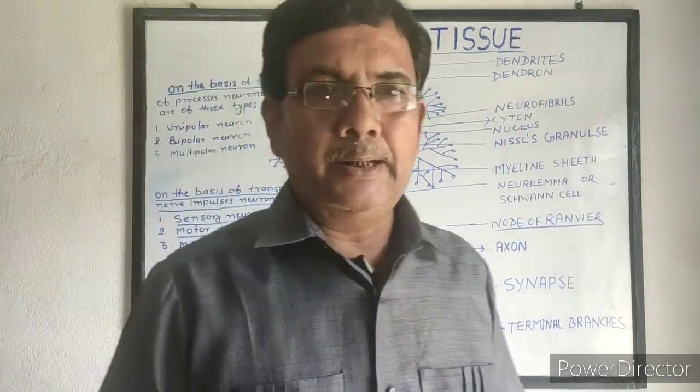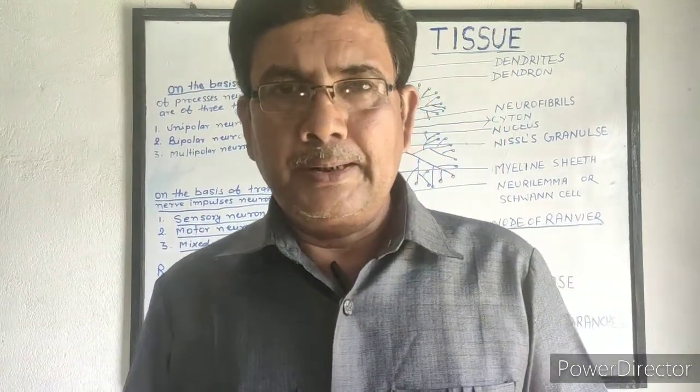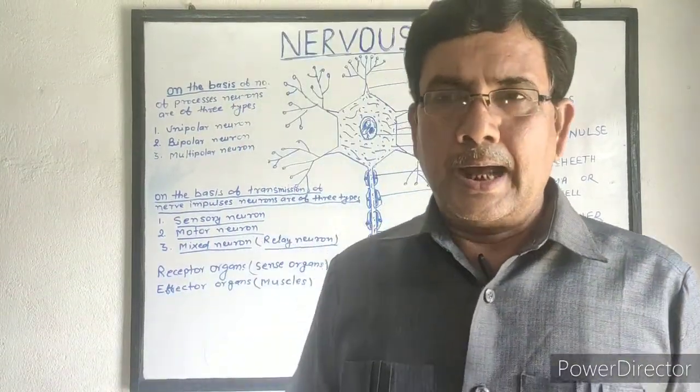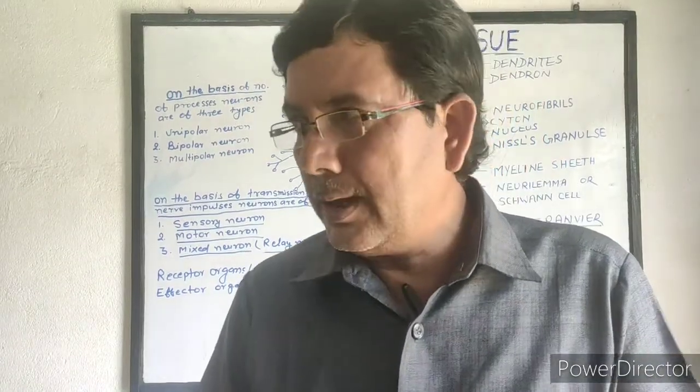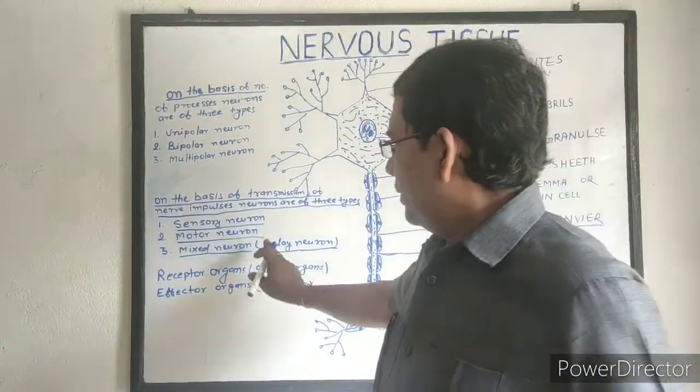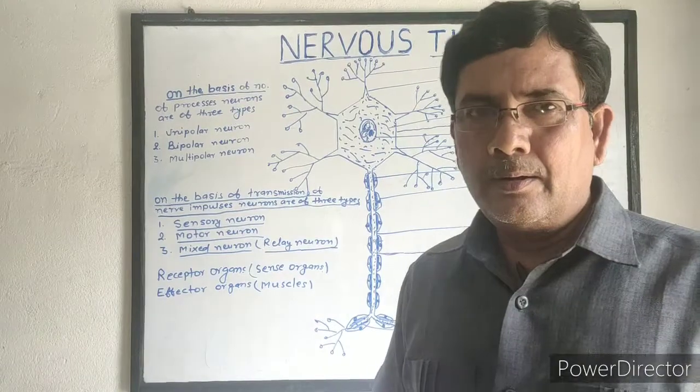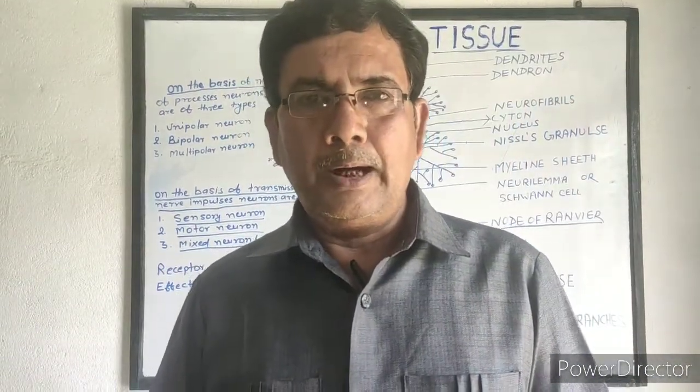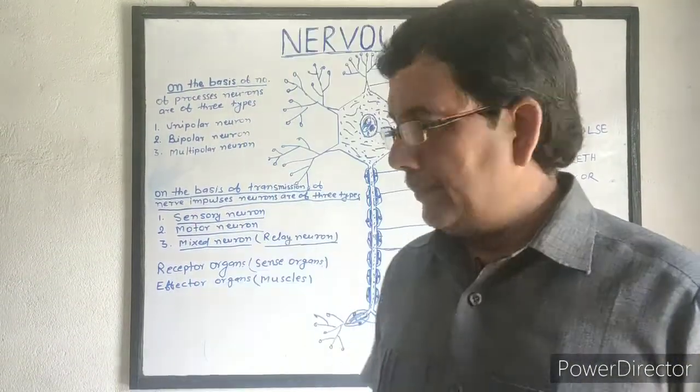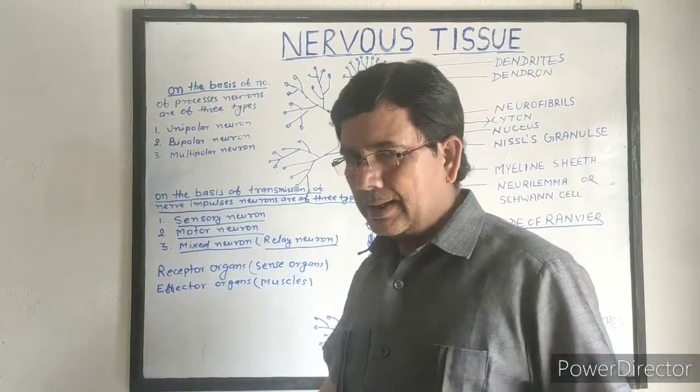That means the sensory neuron receives impulses from the sense organ and transmits them to the brain or spinal cord. The motor neuron transmits the order of the brain or spinal cord to the effector organs, that means muscles.